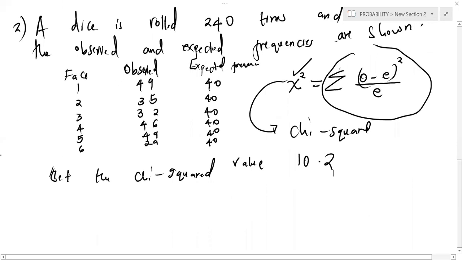So example 3. We have number of calls, observed frequency, and expected frequency.